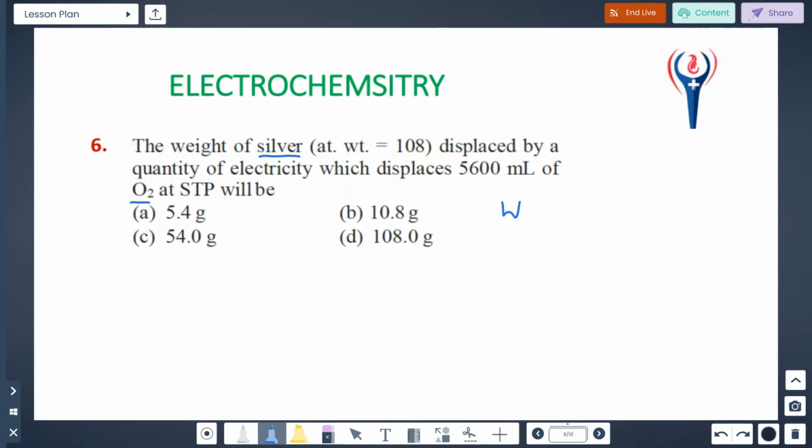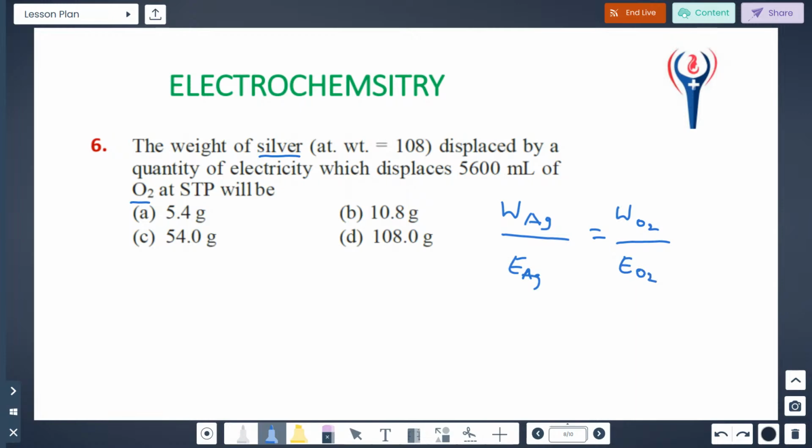Simply remember: weight of silver by equivalent weight of silver is equal to weight of oxygen by equivalent weight of oxygen. So this is the formula.